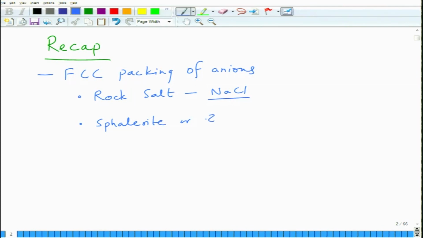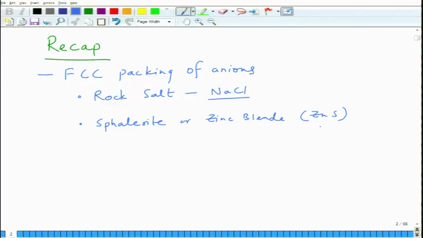The second structure that we looked at was sphalerite or zinc blende structure, which is based on zinc sulfide. Here sulfur makes the FCC lattice and zinc occupies the tetrahedral sites. Since an FCC lattice has 8 tetrahedral sites, that is 2 per ion, only half of the tetrahedral sites are filled.